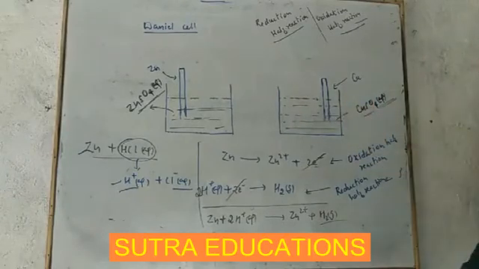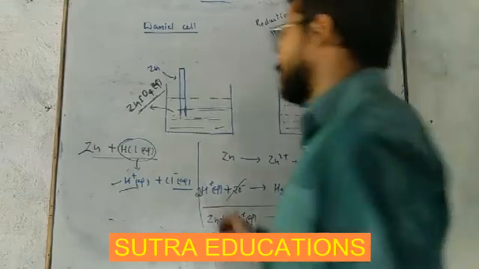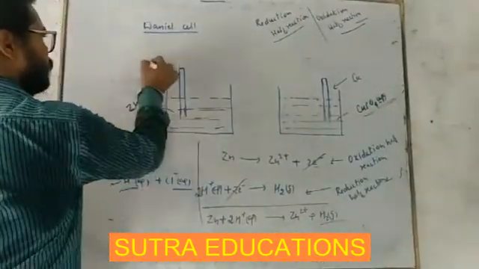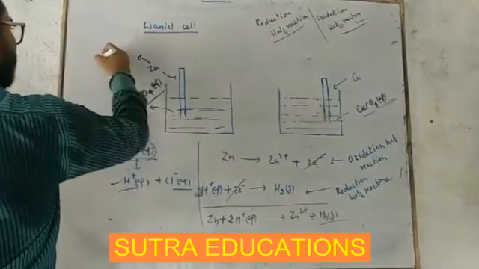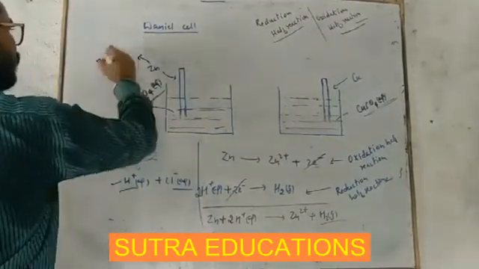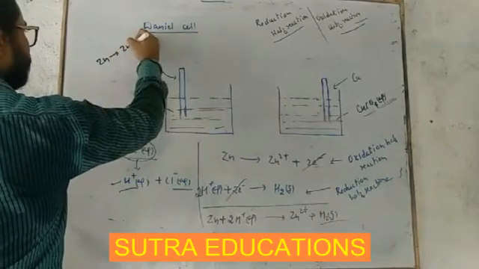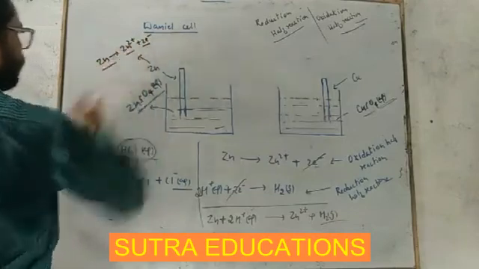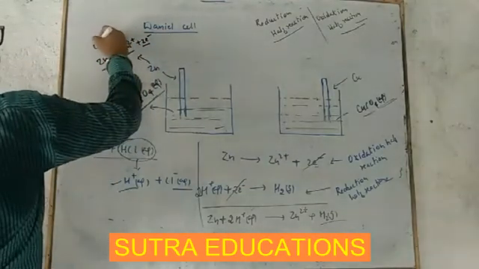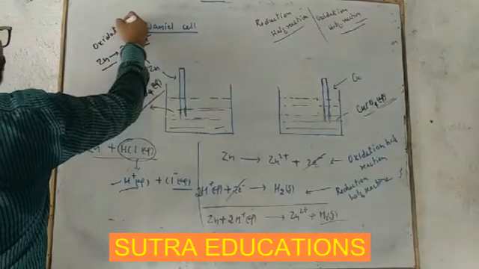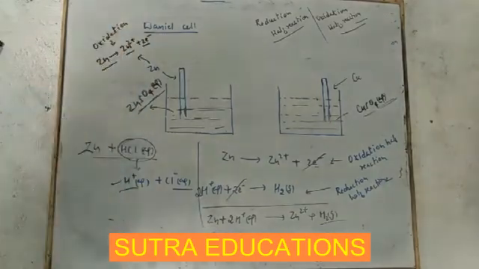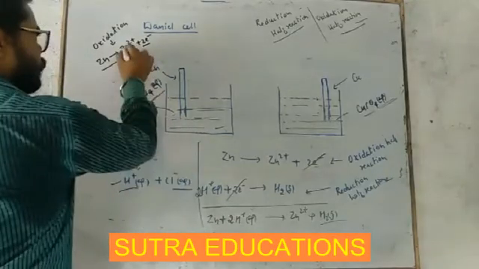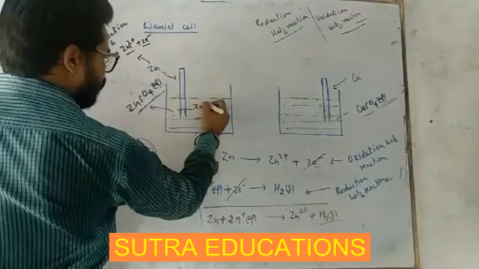Now this zinc will release 2 electrons as we are discussing. So Zn will convert into Zn2+ plus 2 electrons, which means oxidation will be taking place here. Oxidation of zinc is taking place here.